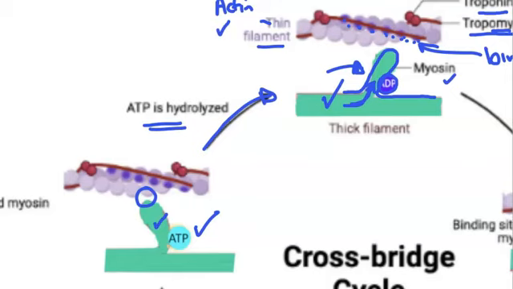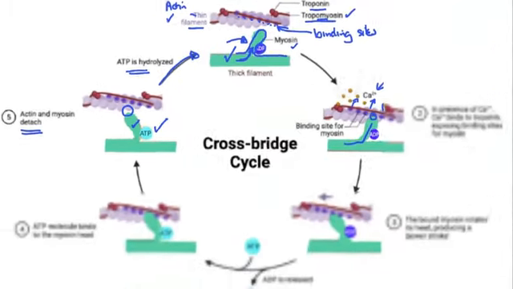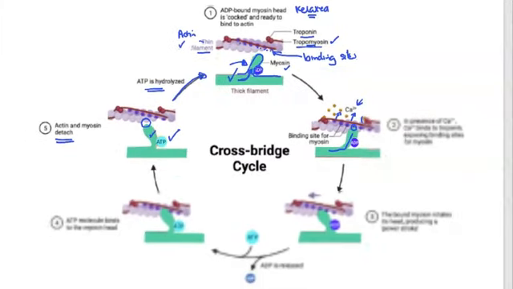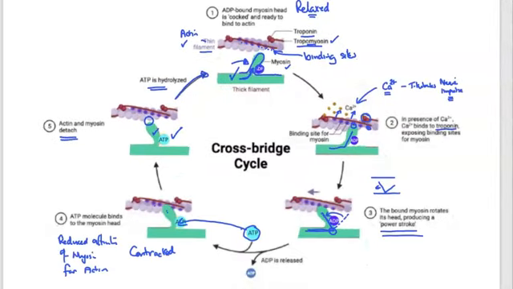So ATP is used to detach the actin and the myosin, and then secondly to reposition the myosin bridge ready for the next contractile movement. This is called the Crossbridge cycle. And there we can see the entire diagram.